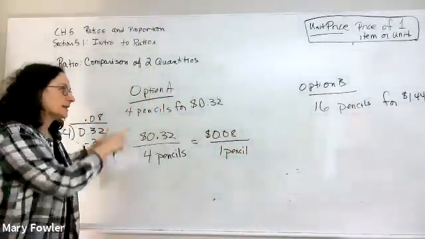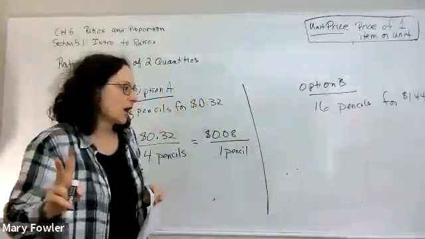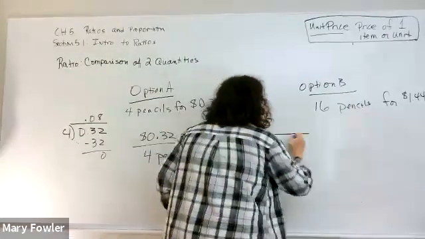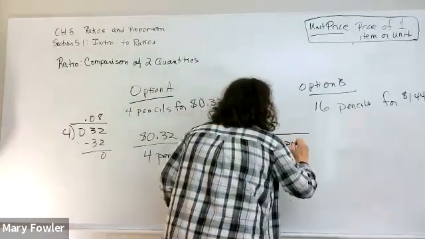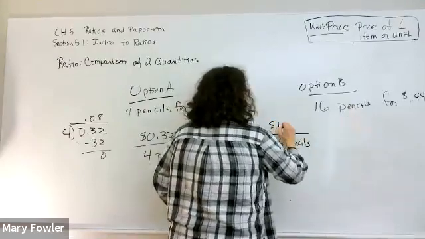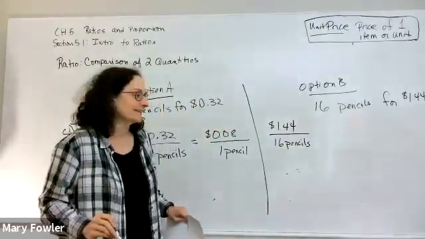Good? That's under option A. Let's go ahead and find the unit price under option B, but let's make sure again that we put the pencils in the denominator. Can you believe I did that on video? Oh, okay. I'm glad we're amongst friends, guys.